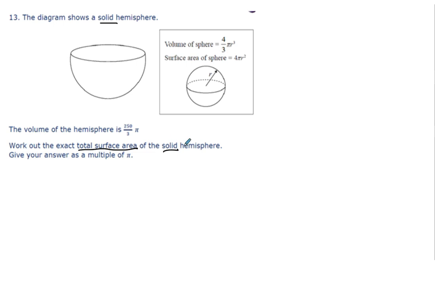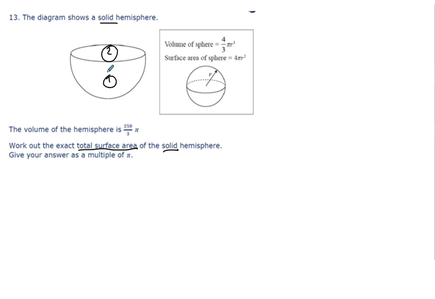If we have to find the total surface area of the solid hemisphere, then we know we're actually going to find the surface area of the hemisphere, but then we're also going to find the area of that. So then you've got 1 there, and then you're going to have 2 there.